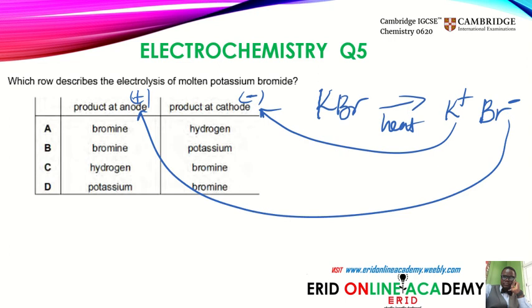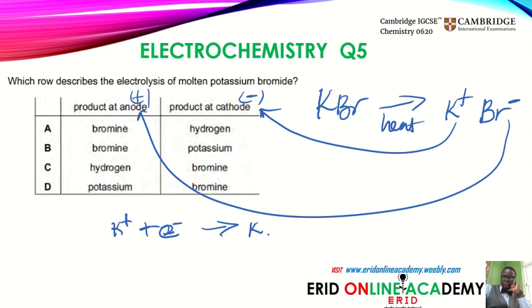So when potassium gets to the cathode, what's going to happen? It's going to gain an electron, because at the cathode what you have is the gain of electrons. I'll give you a mnemonic to help you recall that.